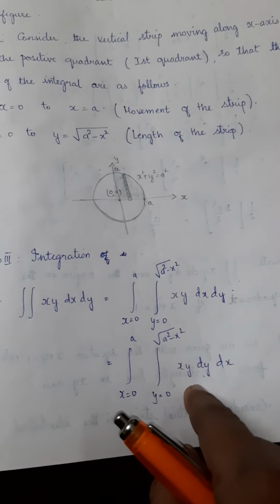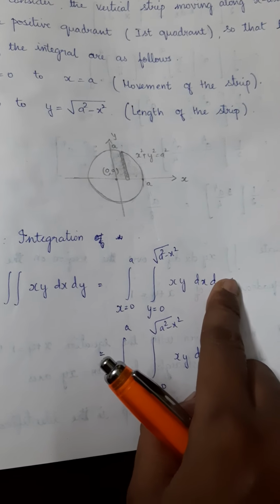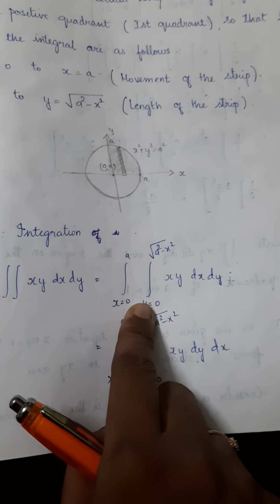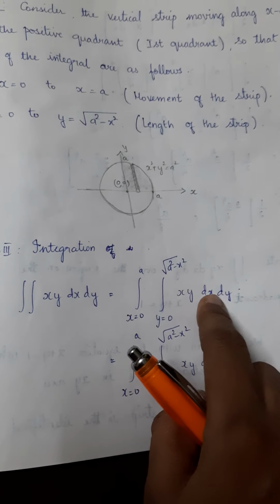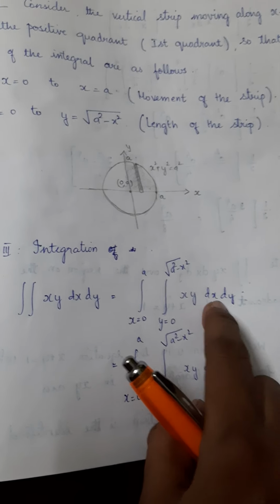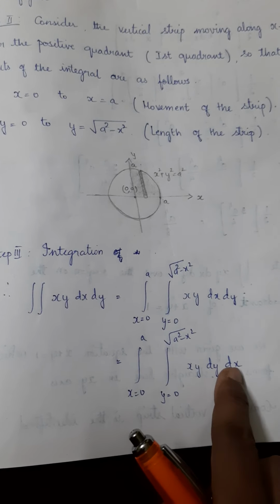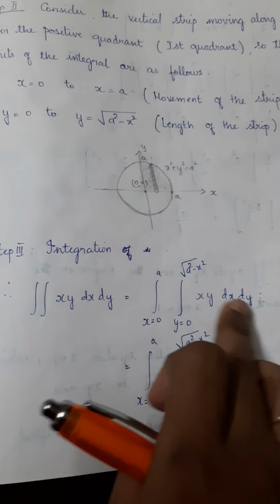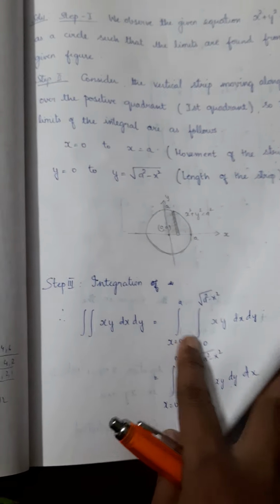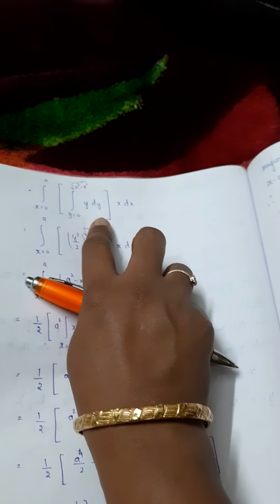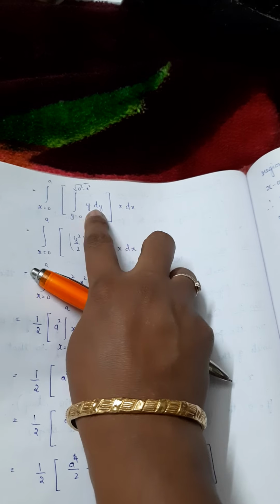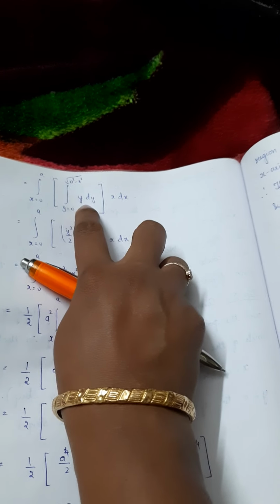For evaluation purposes, we have to take care that whichever is the inner integral, that should be the first differential. So instead of dx dy, it should be dy dx. Now the problem is ready for solving and we know how to solve it. We separate the differential that has to be integrated first.